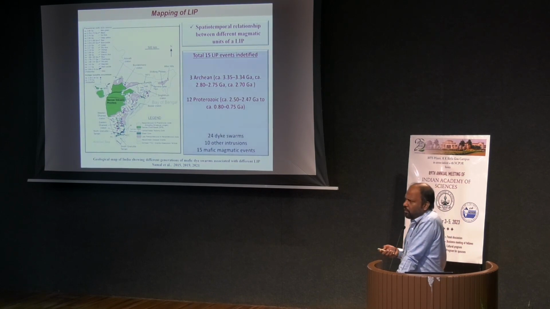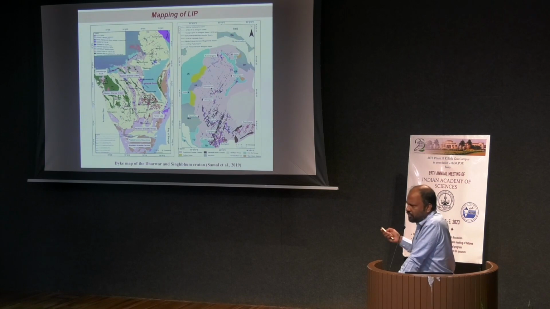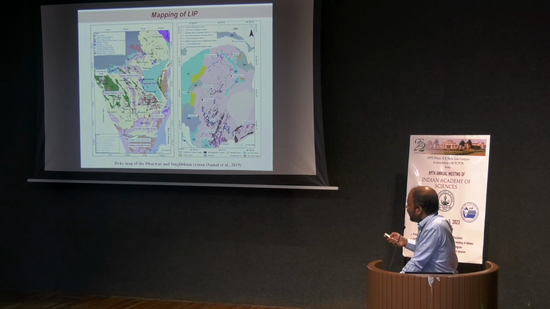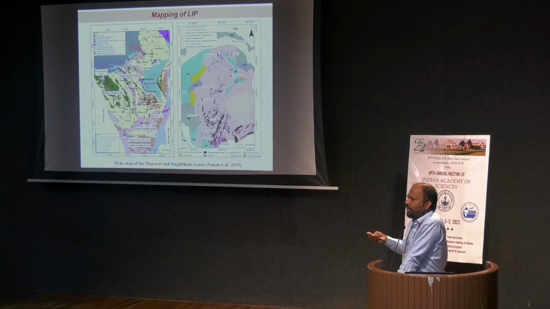And I will show the example of the Dharwar and Singhbhum pattern, how this mapping has been done. This is the dike map of the Dharwar and Singhbhum cratons. You can see several colors are marked. That is for the different generations of mafic dikes. As I was saying, we are basically dealing with the Archean or Precambrian mafic dikes.